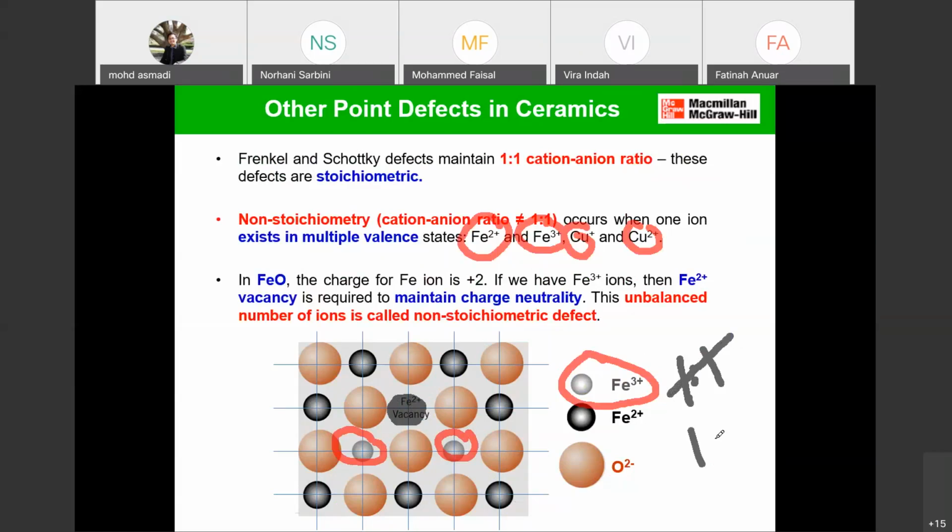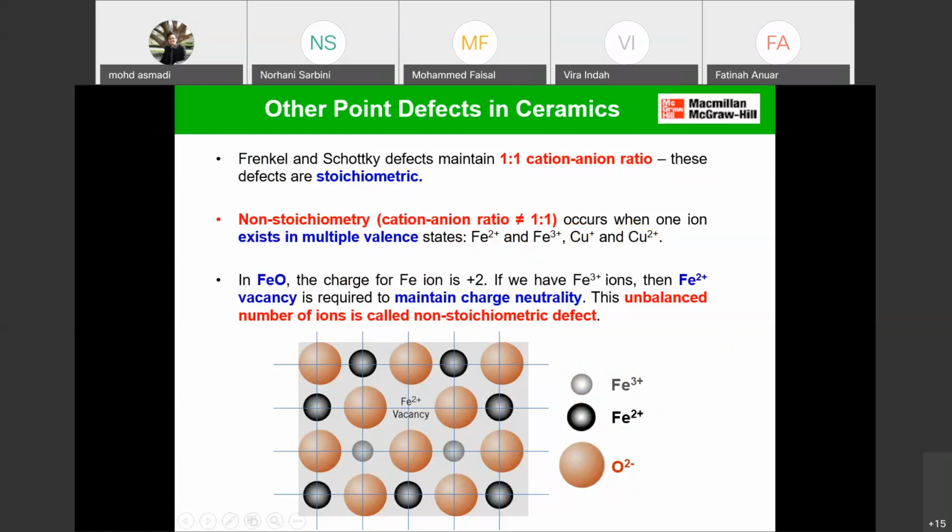So in order to maintain the stoichiometry balance of 1:1, this one should be a defect, to balance or maintain the charge neutrality. This unbalanced number of ions we call a non-stoichiometry defect. If you calculate, the stoichiometry is balanced, since there is an Fe3 plus and there is a vacancy here.